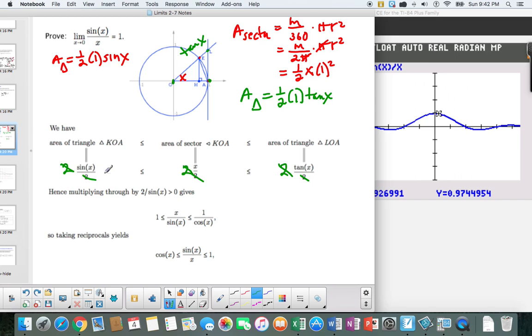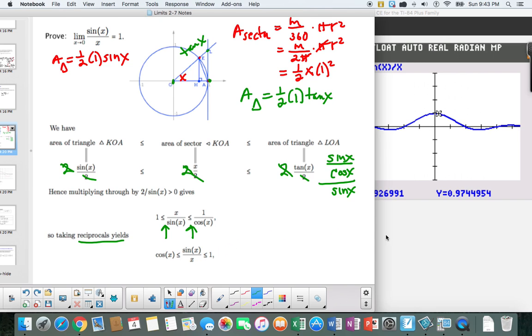We get a 1 here, divide by sine here, and divide by sine here. Now that is sine of x over cosine of x divided by sine of x, and that simplifies to 1 over cosine of x. We take the reciprocals, and when we do that, the inequality must change. So we get this expression right here: cosine of x, sine of x over x, and 1.